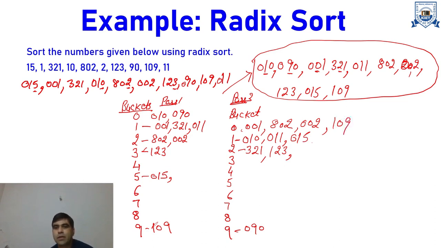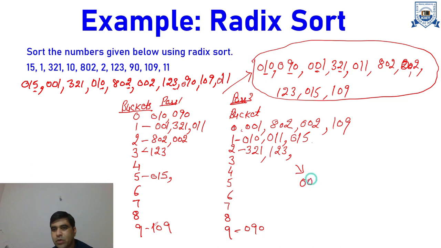So after pass 2 also we will collect all these keys from the buckets, starting from the first bucket, which is the 0 bucket. So we'll first take 001, then 802. So let me write this down.